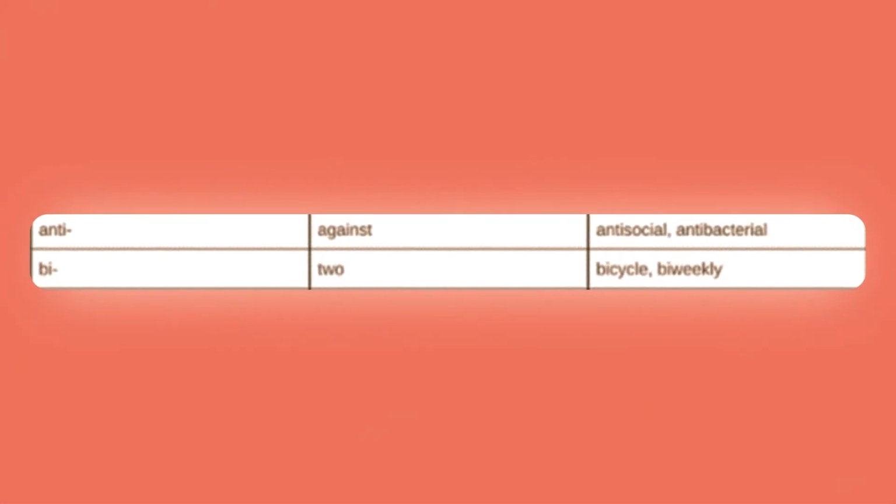So we're going to move on to look at what words we might form from the prefix. So first of all, the prefix anti. It means to be against. So the words we use might be antisocial, antibacterial, antiperspirant. When you look at the prefix bi, it means two. So we would say bicycle or bi-weekly.